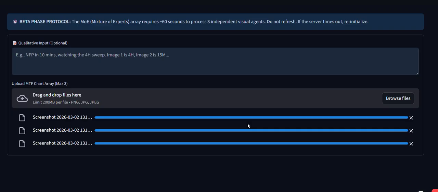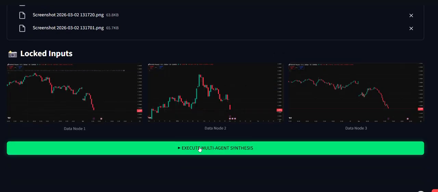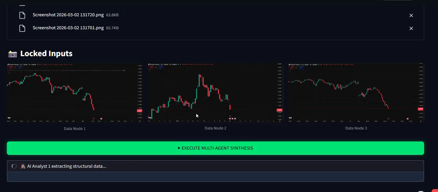Here we go, it's loading. Execute multi-agent synthesis.